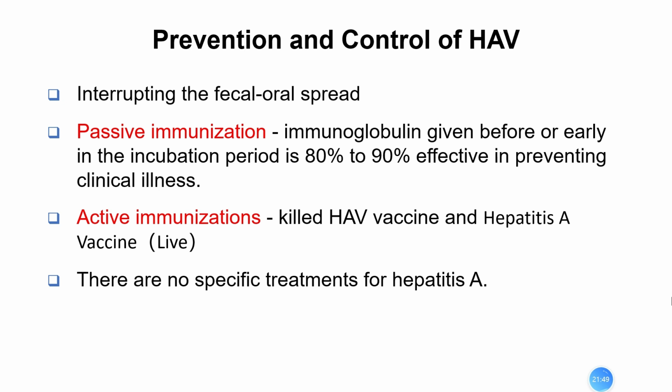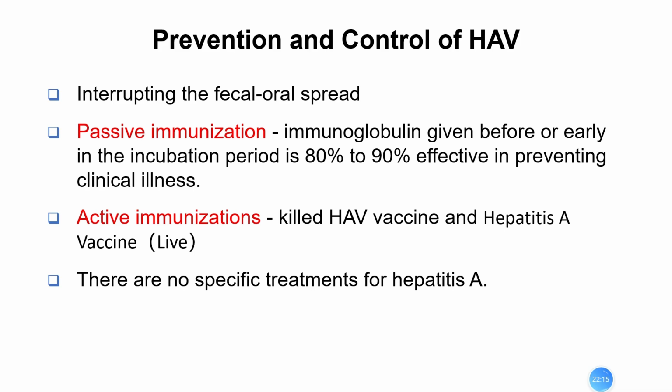So this is the active immunization. When I was little, I think previously we only had the killed, inactivated HAV vaccine. And as I understand, the inactivated HAV vaccine is effective enough because it actually inhibited HAV infection in China.